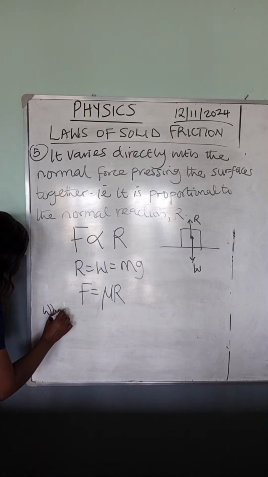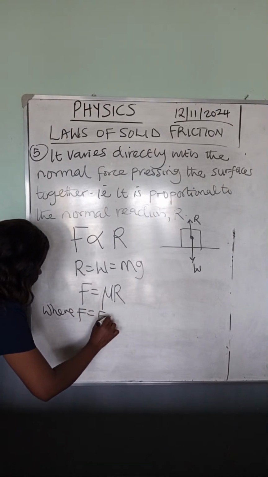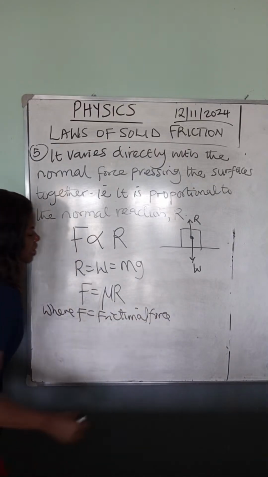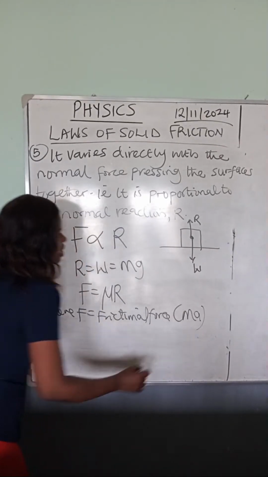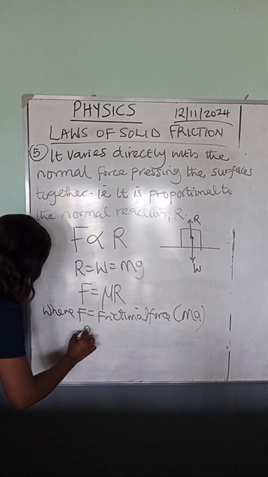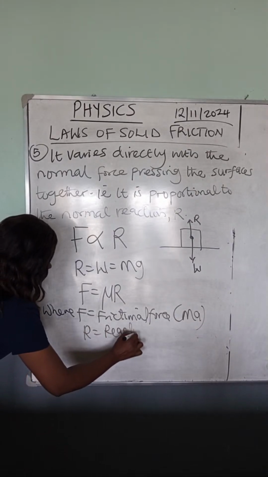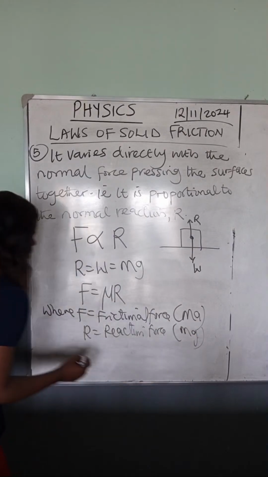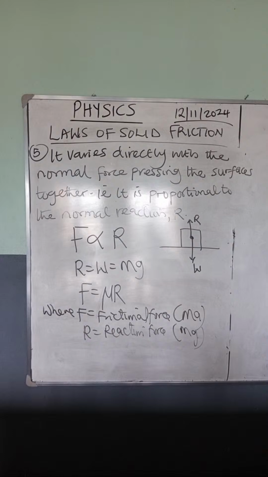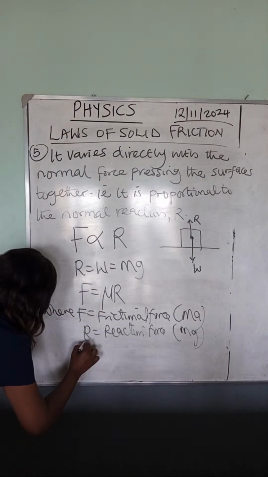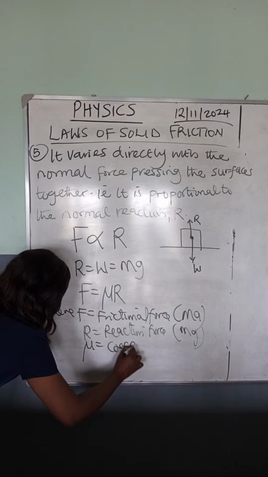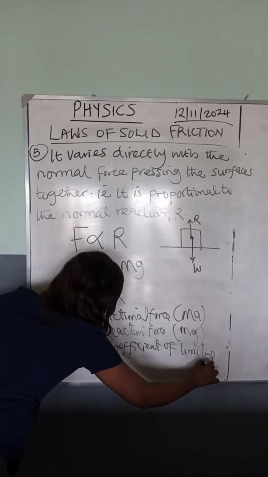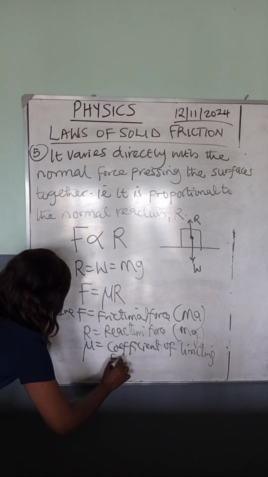Where F is frictional force, that is mass times linear acceleration, R is reaction force, that is mg, and mu is the coefficient of limiting friction.